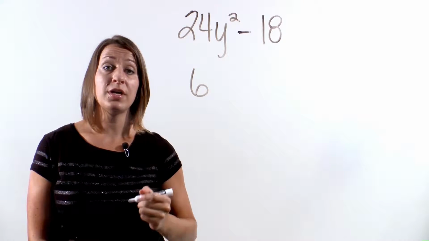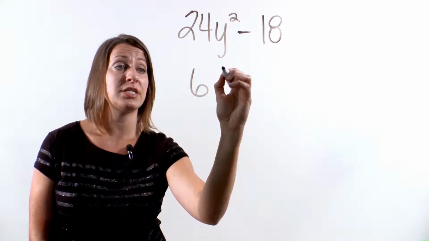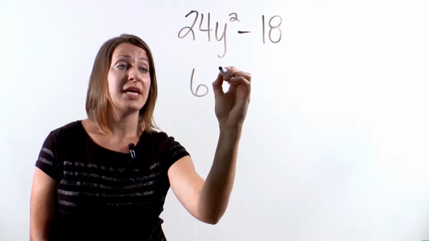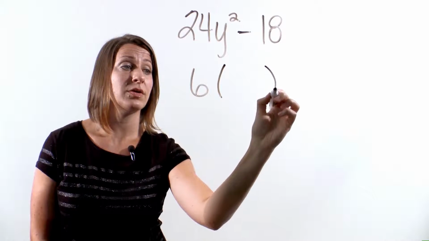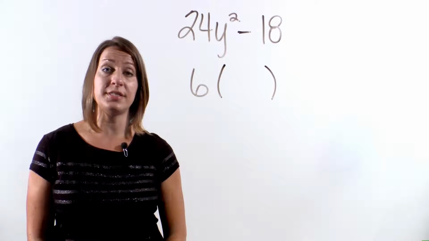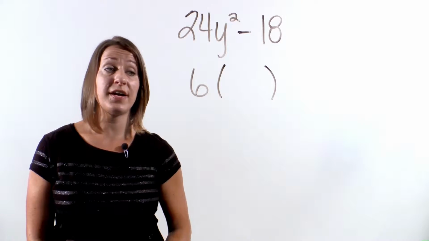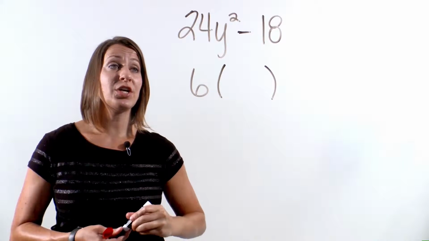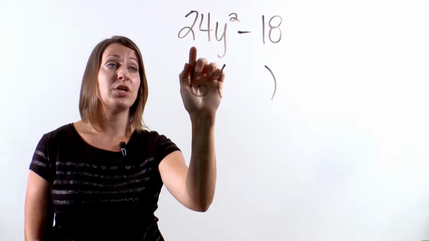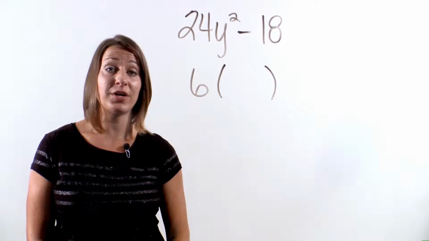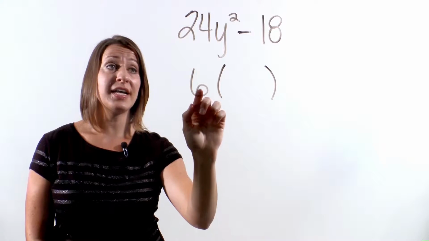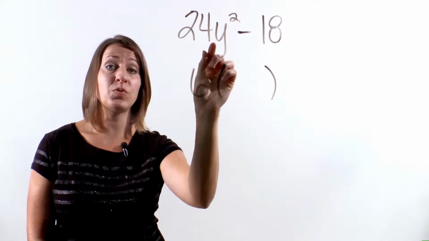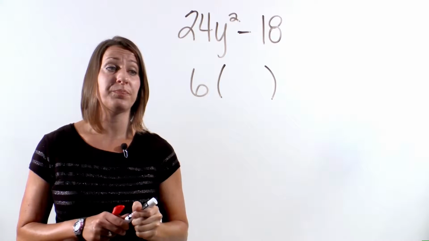Now in algebra, the way we symbolize multiplication is we put one number and the second number will be in a set of parentheses. Now let's try to find what's going to go in our parentheses. We're going to look at our first term of our problem, 24y squared, and we're going to divide it by 6 because we pulled 6 out of that first term.